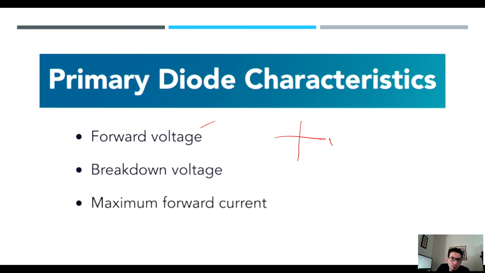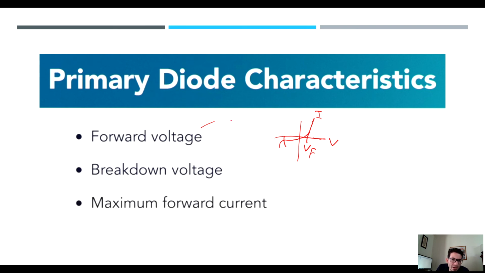If you remember, in a curve of voltage and current, you have this breakdown voltage and this forward voltage. So this was 0.7 volts for a silicon diode, and the breakdown voltage is where it will break, trying to prevent the current from going in reverse mode. So these three things are shown on specifications by manufacturers.